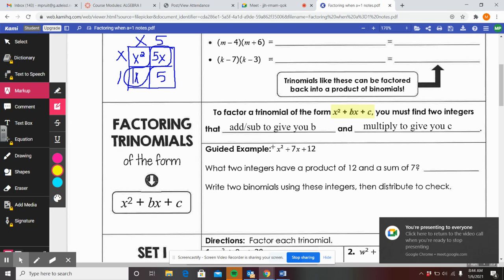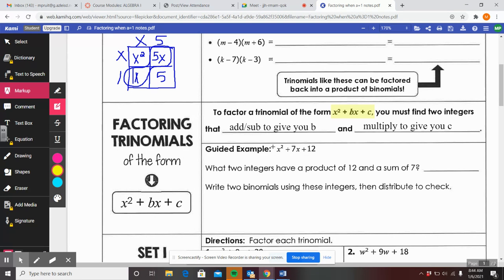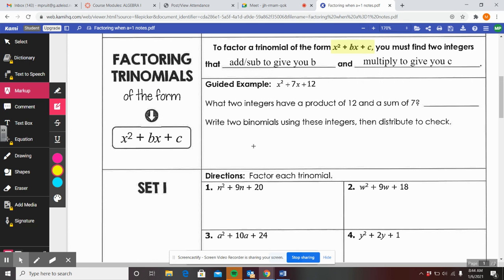Okay. So it's add or subtract to give you B and multiply to give you C. So this is a guided example. All right. It says what 2 integers have a product of 12 and a sum of 7. So what we're going to do to find that is you're going to draw what we call a T-chart.